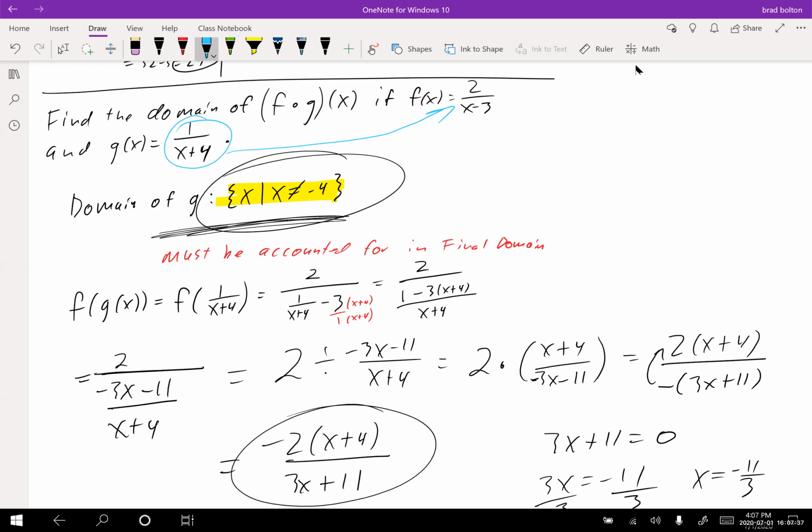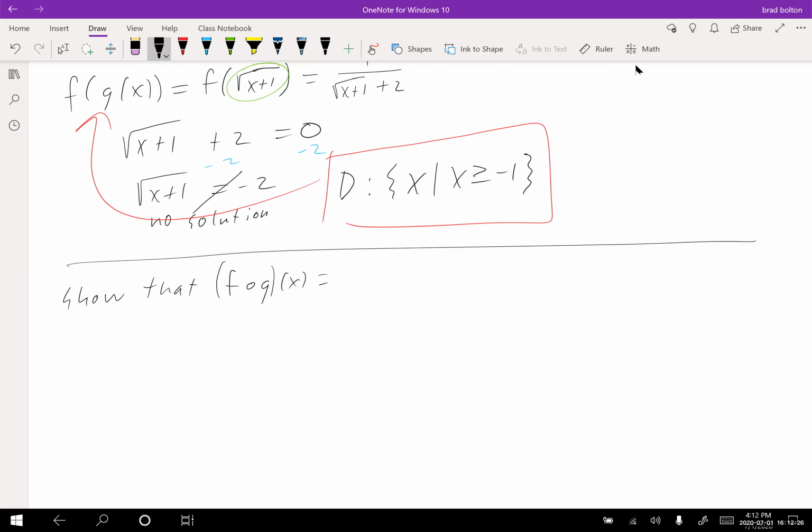that f composed with g of x is equal to g composed with f of x, which equals x. This is a special type of situation. This actually means that the two functions are inverses, and that's what we'll talk about in the next section.